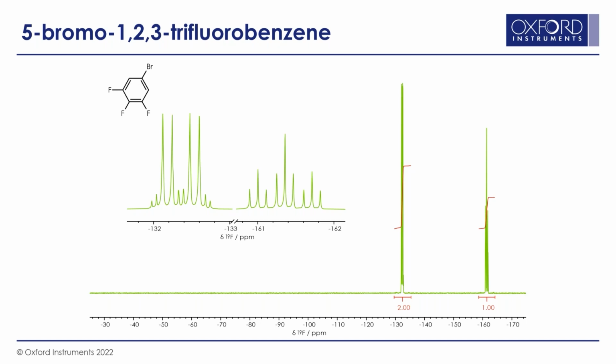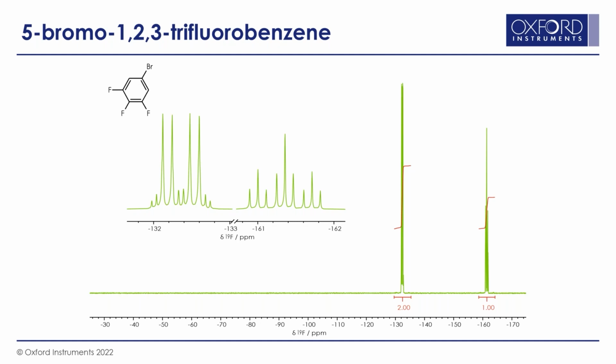Fluorine-containing compounds are used in a huge range of applications, including pharmaceuticals, bulk chemicals, and electrochemical devices such as batteries. Considering this fluorine-19 NMR spectrum, we can clearly observe two signals in a 2:1 ratio, corresponding to the two chemically unique fluorine environments, meta and para.